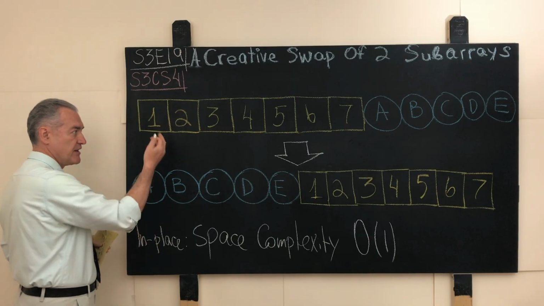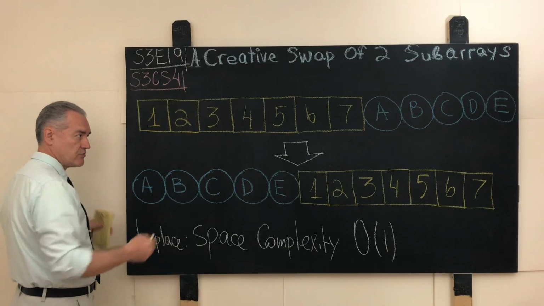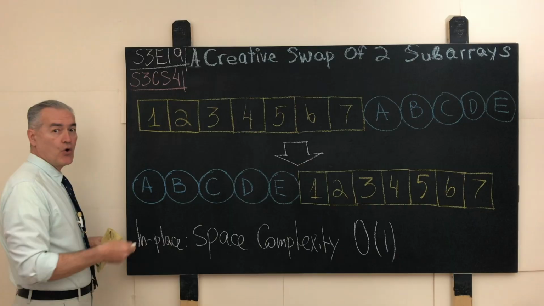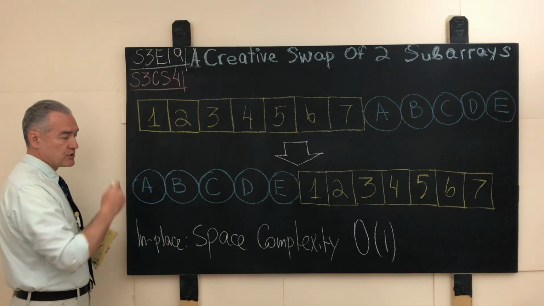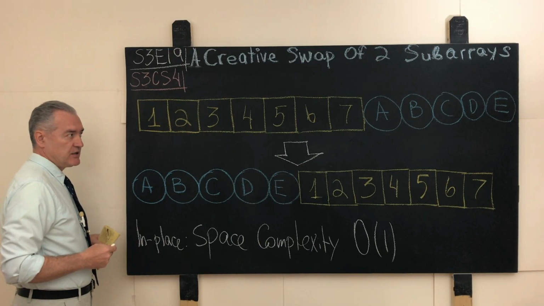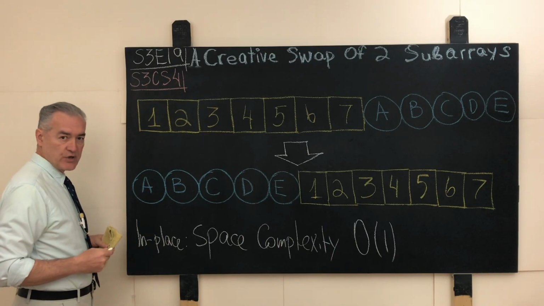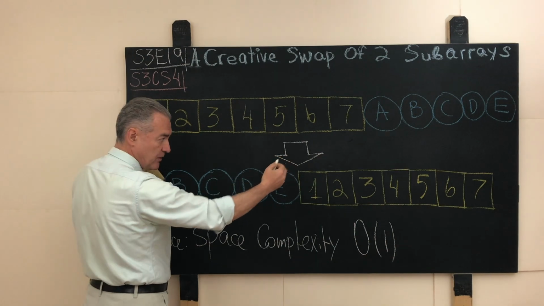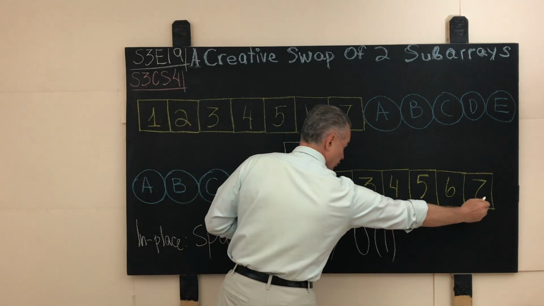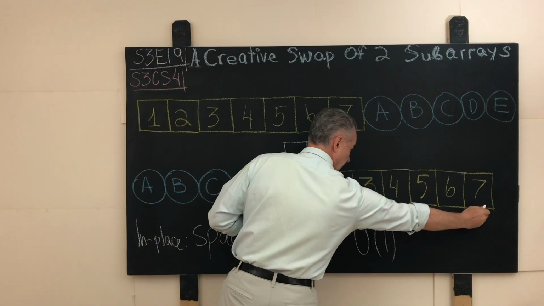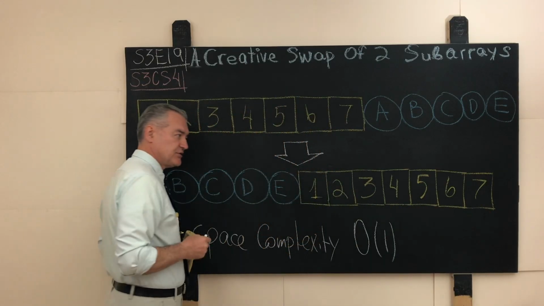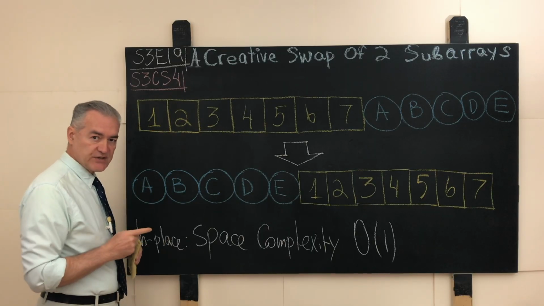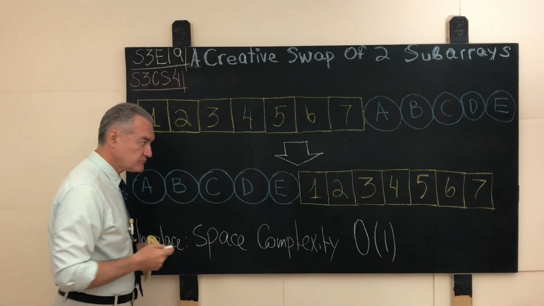And if that is the partition of the total array into the left and right subarrays, then on the output of our creative algorithm, the 7 yellow squares that used to be on the left of the input array now must percolate or gravitate to the right side of the output array, but they must do so in exactly the same order in which they were present in the input array originally.